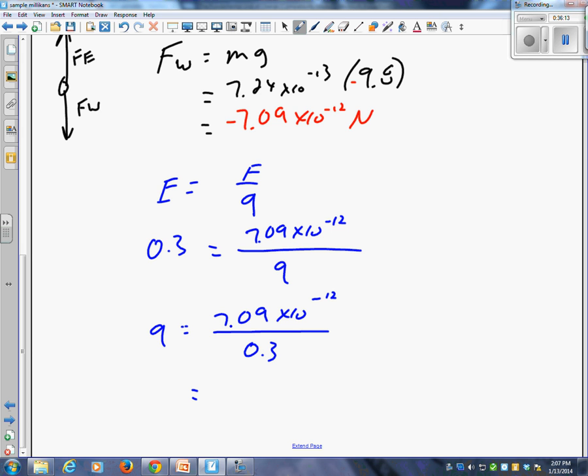I get 2.36 times 10 to the minus 11 coulombs. As you can see, organizing your work is very important here. You will get lost if you don't.